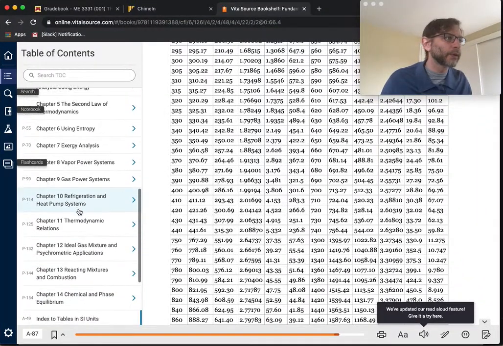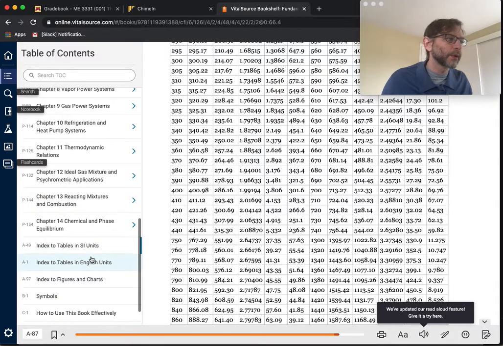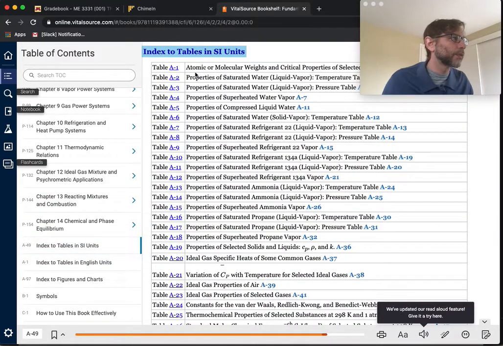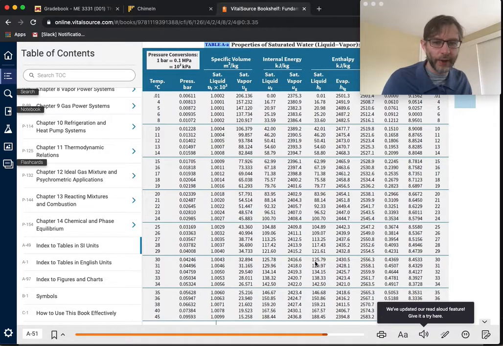I'm looking for the saturated water temperature table. And 30 degrees C is here, so hf is 125.79. I'm going to write that down.